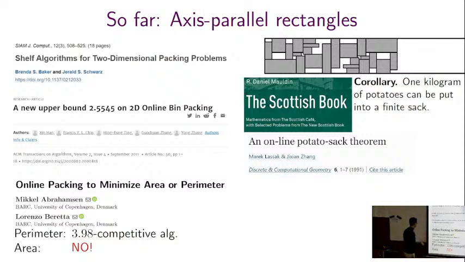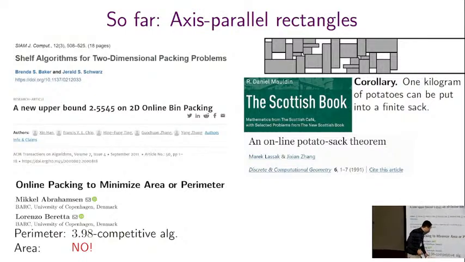And here is a previous paper that I did with Lorenzo, where we studied perimeter packing, and we showed that for axis-aligned rectangles we can do a competitive algorithm, but if we want to minimize the area of the bounding box, then there was no algorithm.